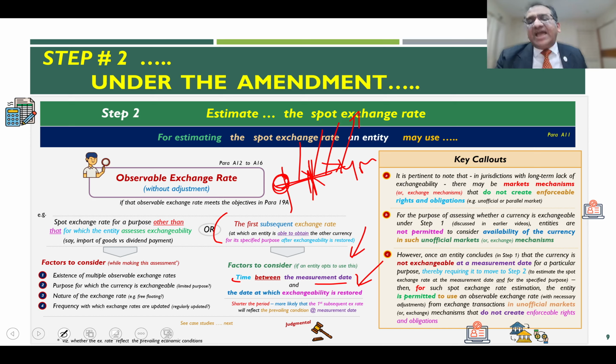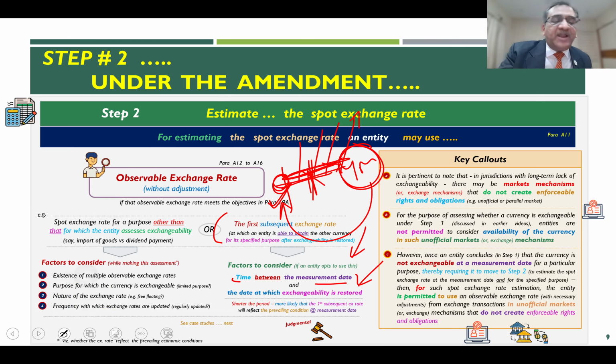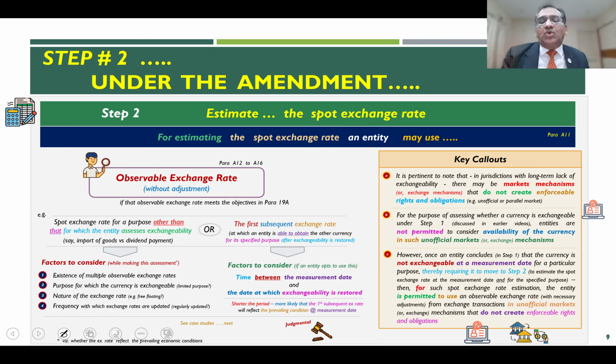So only at the end of July is exchangeability restored. There is a long period here. So in those cases, it will be highly unlikely that you would take the rate existing at July end as a proxy for 31st of March. Therefore, judgment would be involved. You have to look at the facts of a particular case.